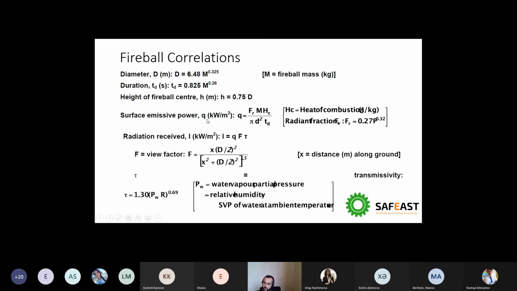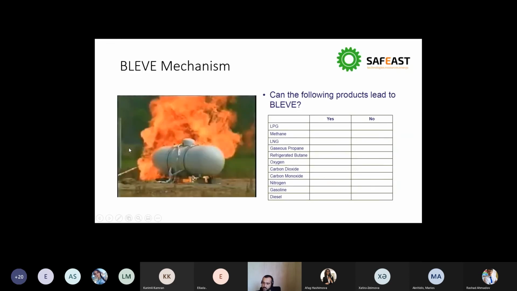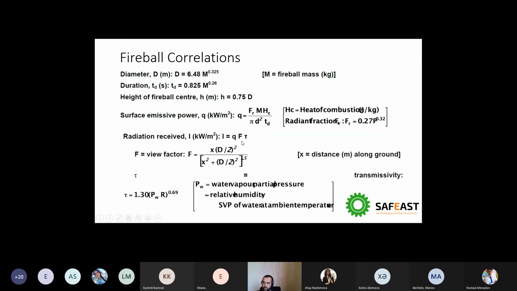And once you calculate your surface emissive power, and if you remember our view factor calculation, based on that you can calculate what radiation will be received. Let's say someone is 100 meters away. You can use your surface emissive power, view factor, and time exposed to understand the radiation received at that point.